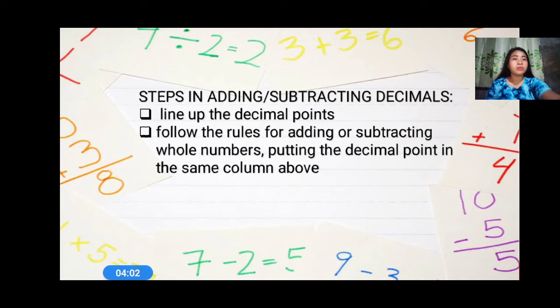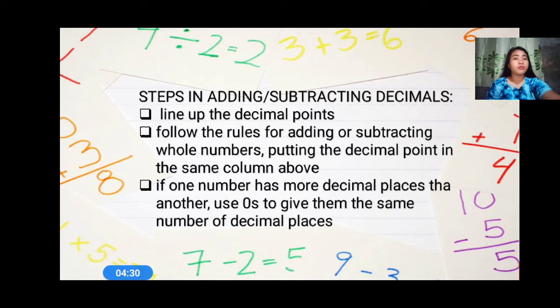So the moment you line up the decimals, that's easy already because you're just going to follow the rules of adding and subtracting whole numbers. And then you're going to put the decimal point in the same column.